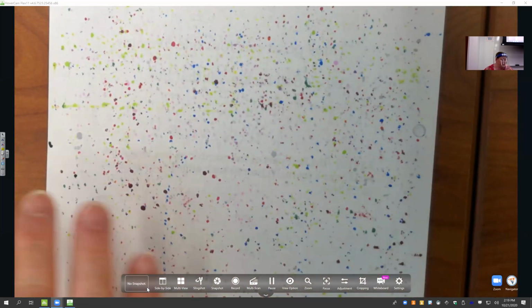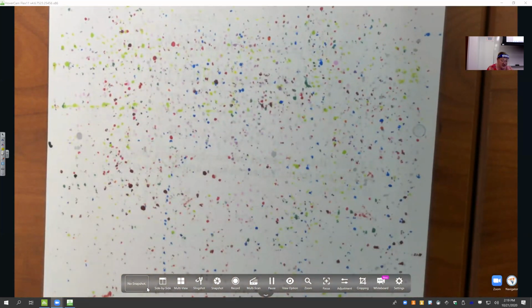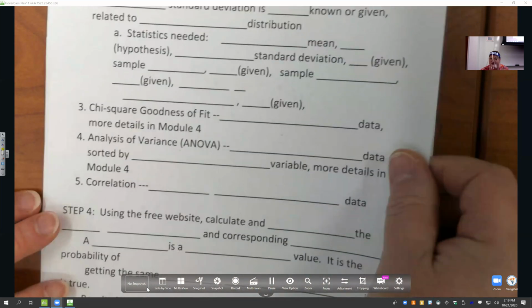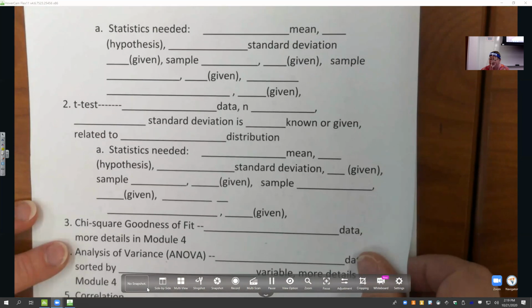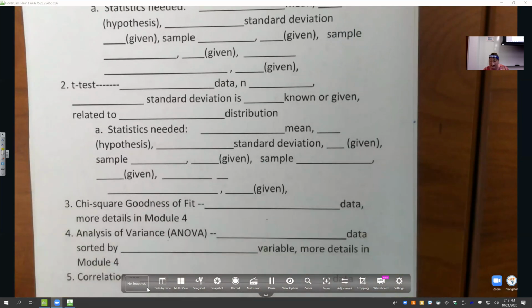Okay, the second one that we're going to talk about, which is also in Module 3. Oh, wait, let me tell you this first. I always forget this part. Let's talk about what information you need or are given in relationship to the z-test.